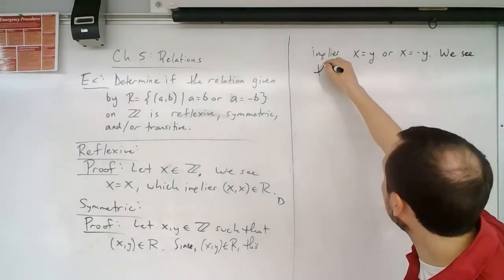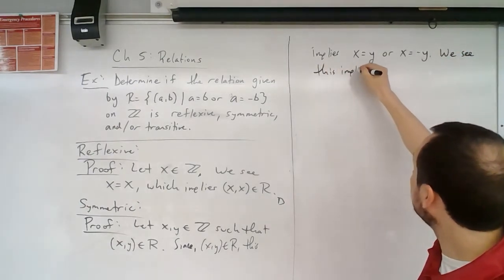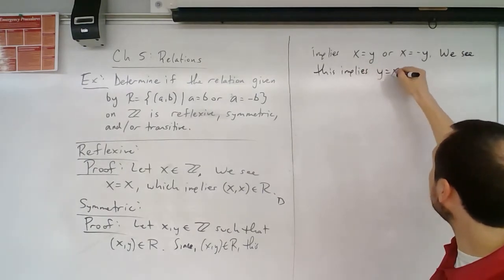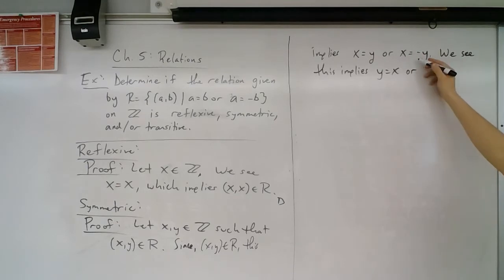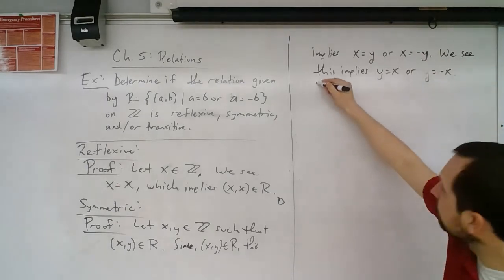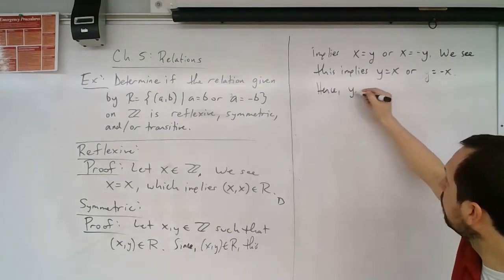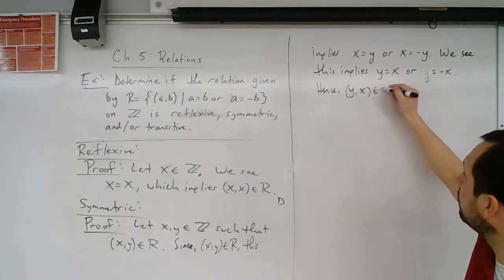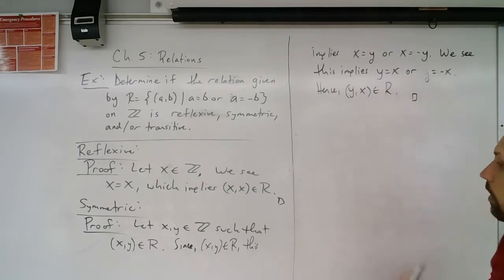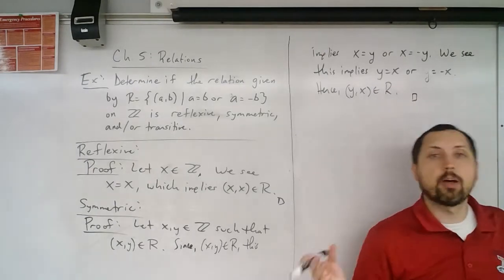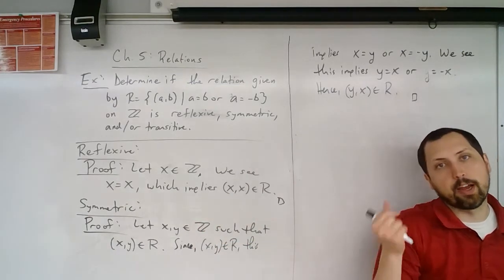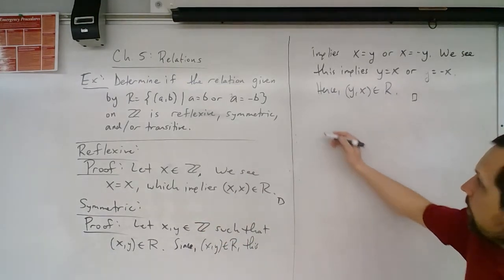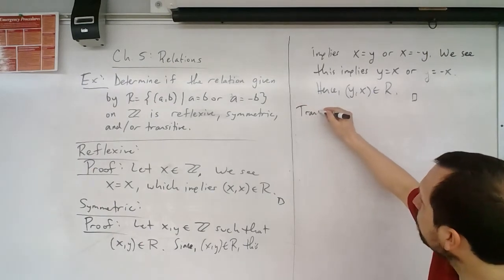We see this implies that y is equal to x, or if we multiply this by negative 1, we see that y is equal to negative x. Hence, (y, x) is in my relation. So then that proves this. So we start out with something that is in our relation, show that if you switch the ordered pair, that stays in the relation. So then the last one here is transitive.